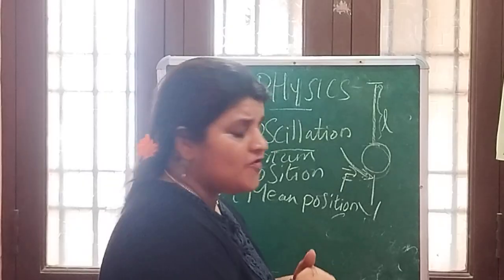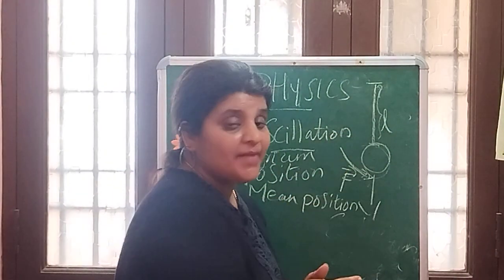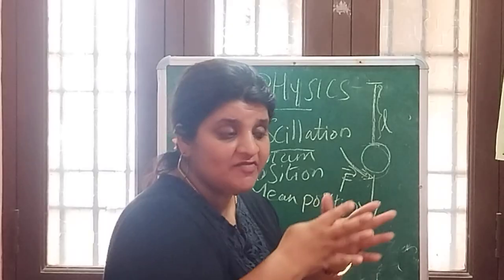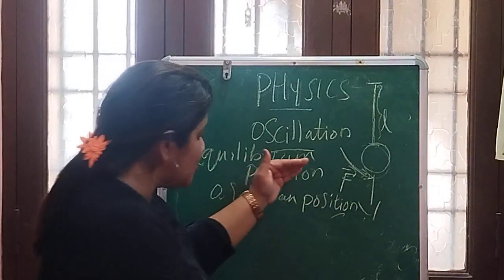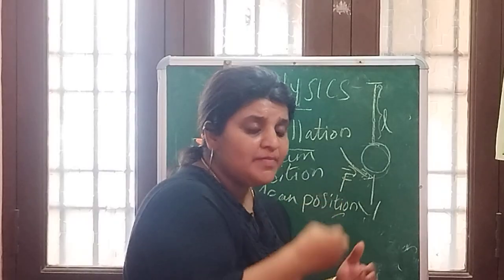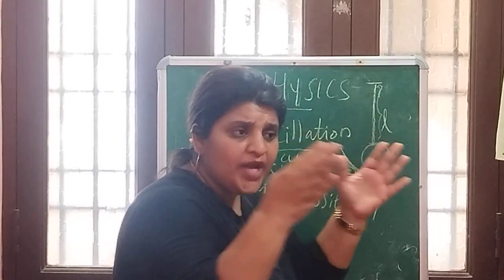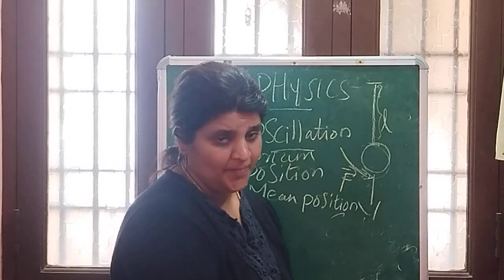If no external forces are acting on this bob, the bob will not oscillate and will remain in its state of rest, continuing in the equilibrium position or mean position. So the equilibrium position or mean position of a bob is the position where no external forces are acting on the bob.